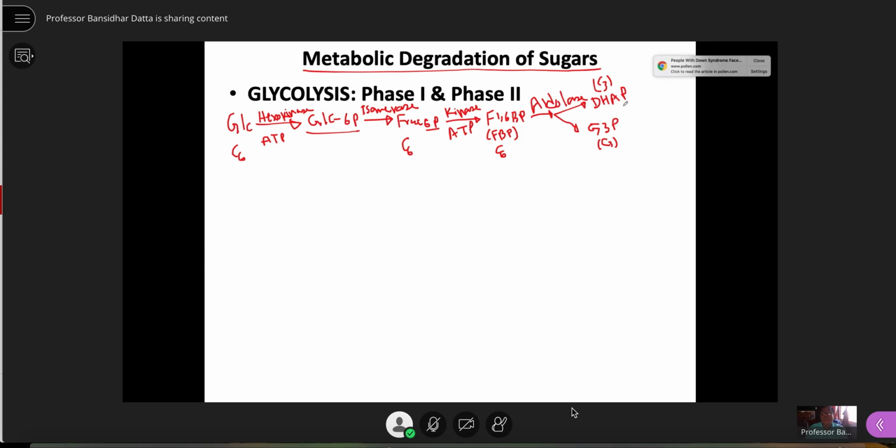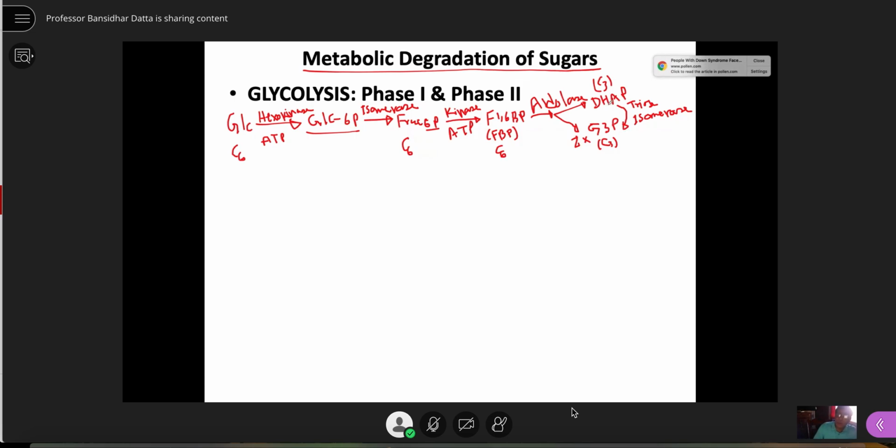Now dihydroxyacetone phosphate is further converted to glyceraldehyde 3-phosphate by the enzyme called triose isomerase.